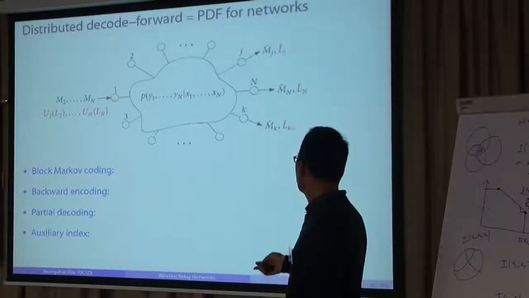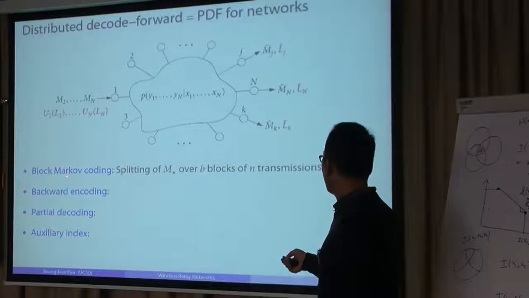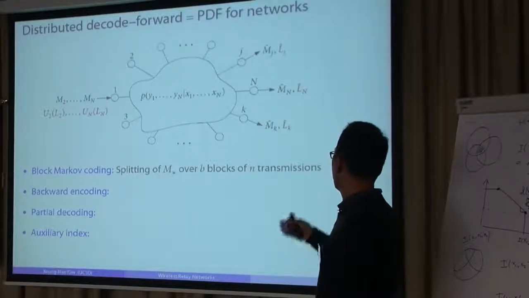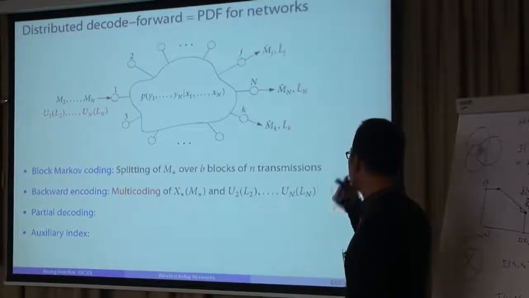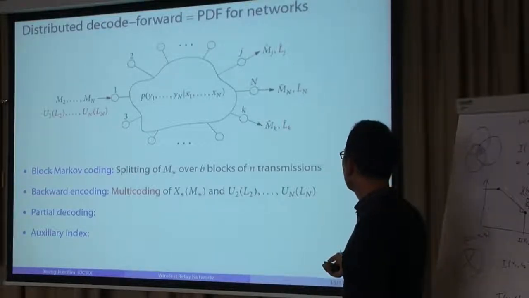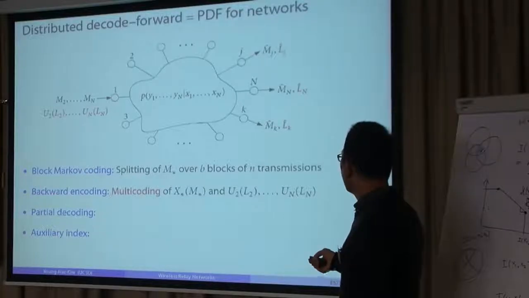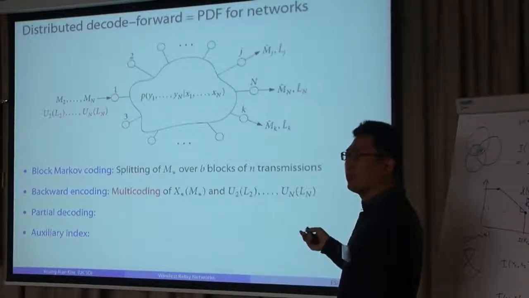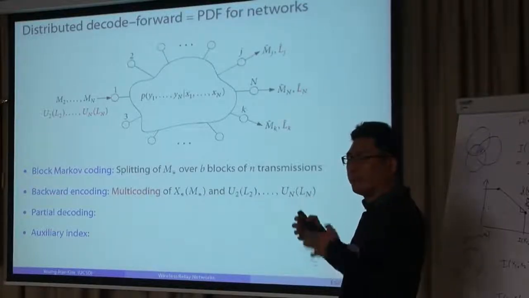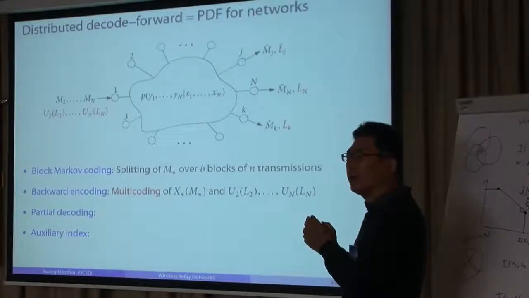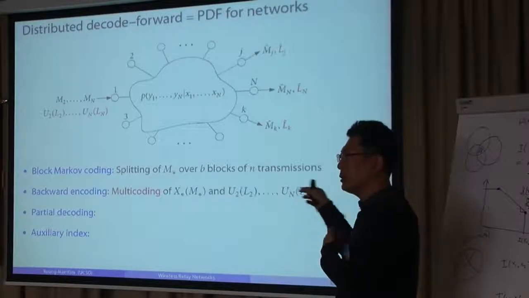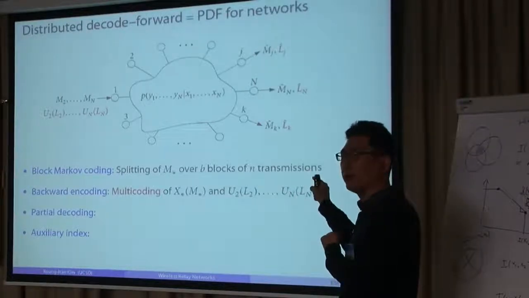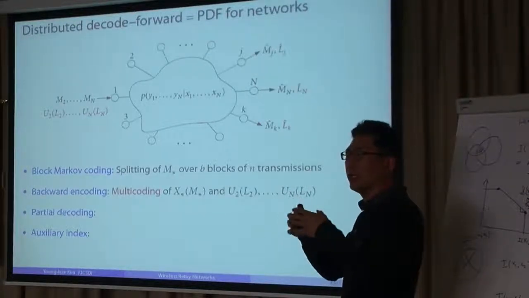As before, we are going to use block Markov coding. We are going to decompose the message into small pieces, and here we'd like to guarantee that all the code words we are transmitting are jointly typical. To achieve that, we use so-called backward encoding, which is very similar to the backward decoding we showed before, but we do it in the encoding manner.